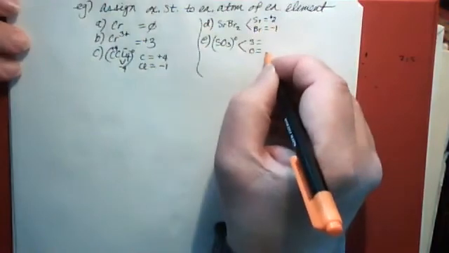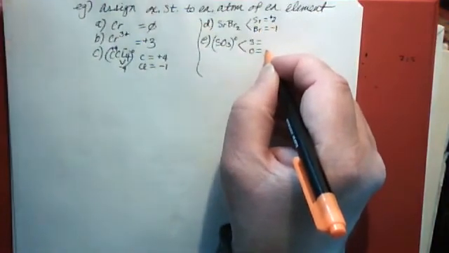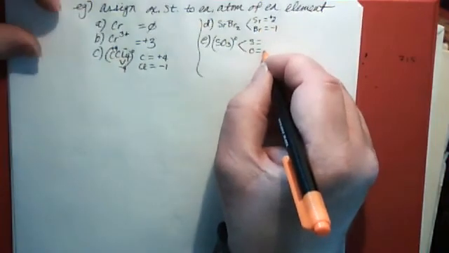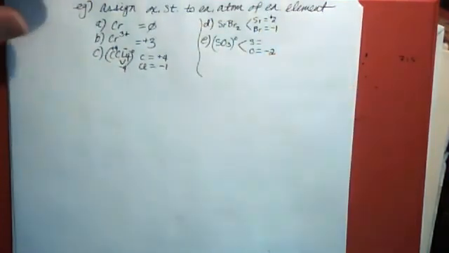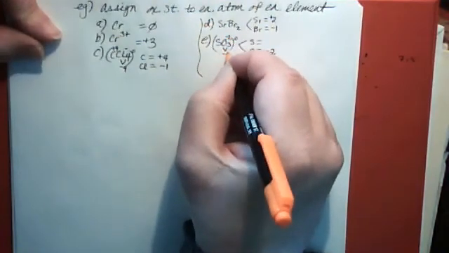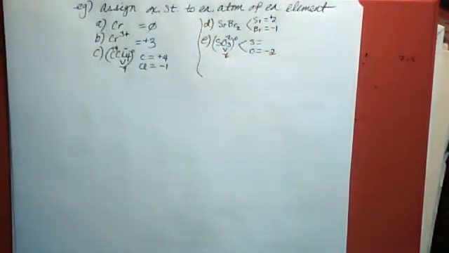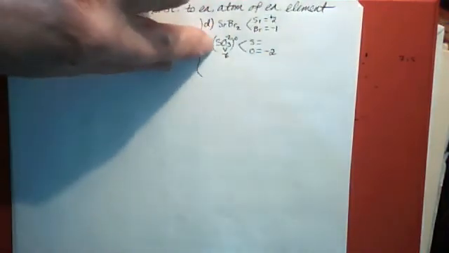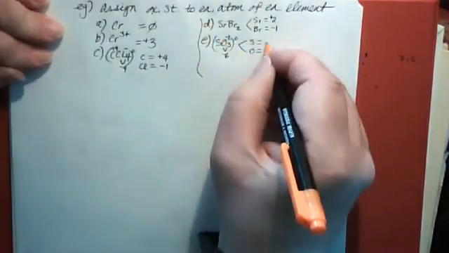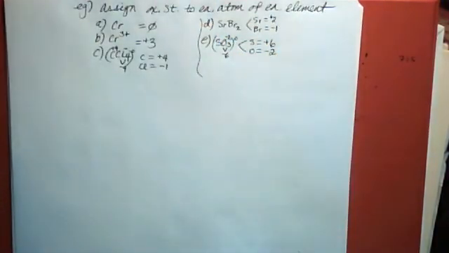So oxygen gets to take its favorite charge. It's in group 6, so its favorite charge is going to be 6 - 8 or -2. So oxygen gets to be -2 each, but there are 3 of them. That makes it -6 for the oxygens altogether. And there's only 1 sulfur to bring that -6 back up to 0. So that means the sulfur has to be +6. And indeed, that's what it is.